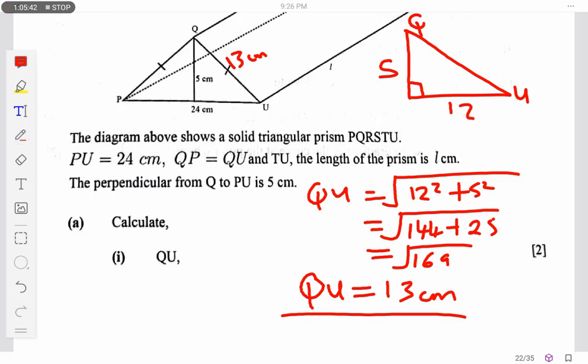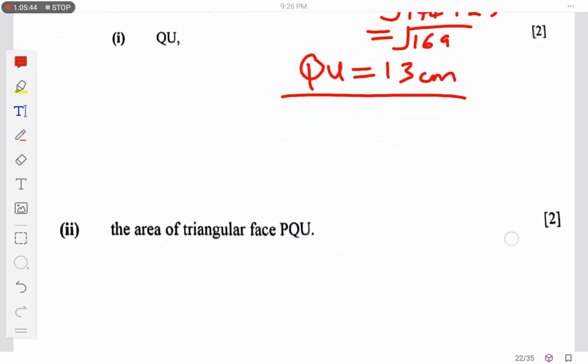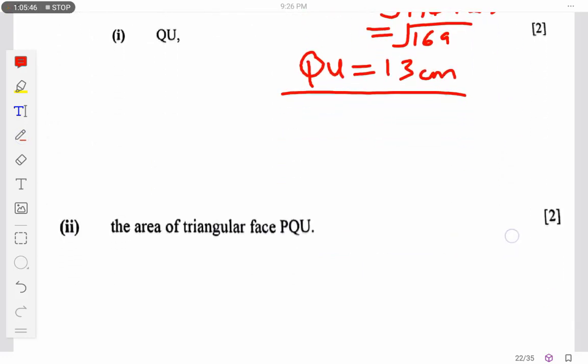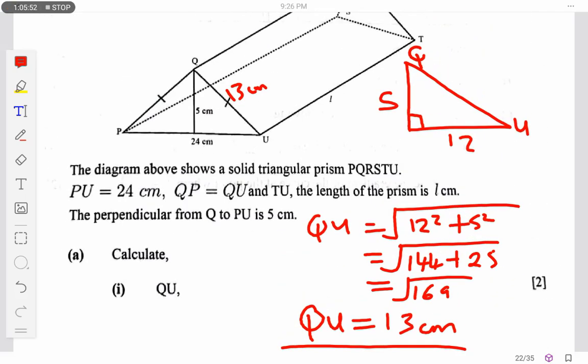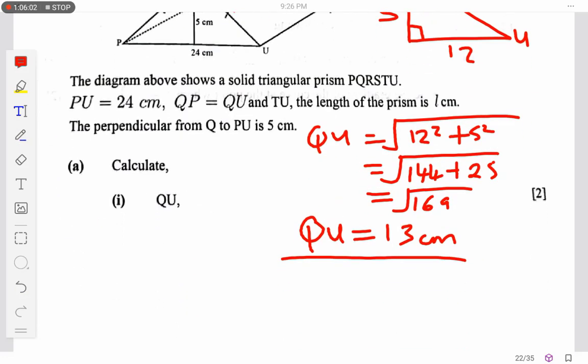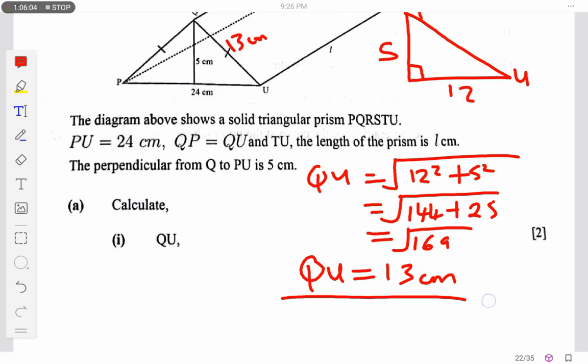Okay, now the second part of the question is saying find the area of the triangular face PQU. So we want the area of this PQU, that one. Okay, so that is a triangle, guys. So we can use the formula half base times height. Our base is 24, our height is 5.